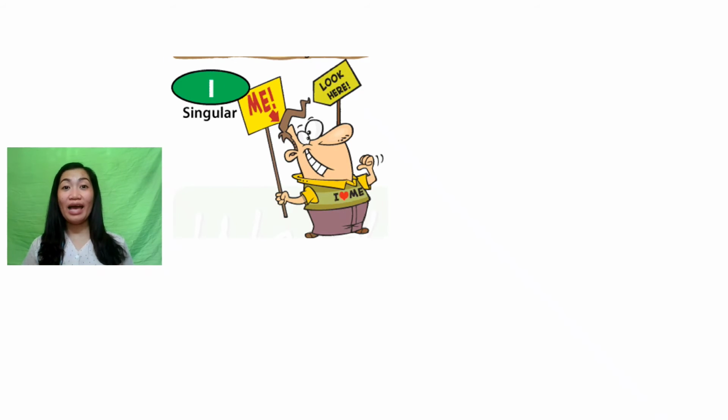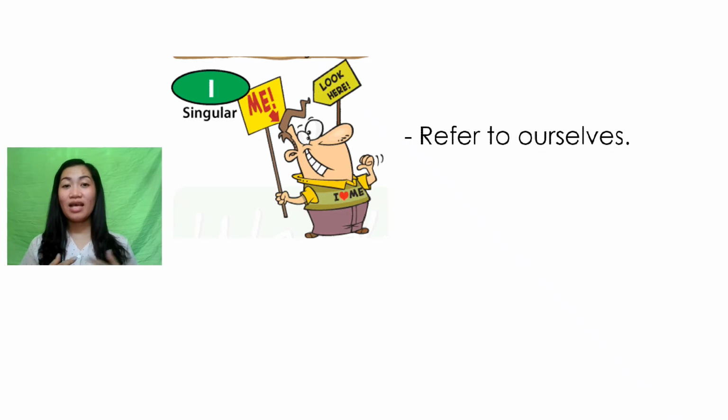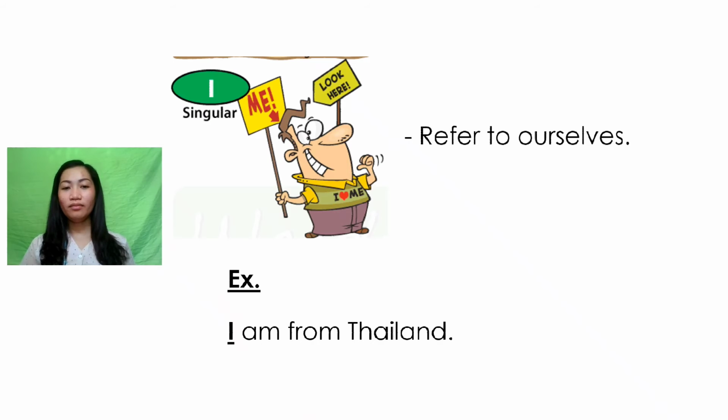Now, we will learn how to use these 5 subject pronouns in singular form. First, we have the I. How or when are we going to use the I? I refers to ourselves. Very good. Let's say an example. I am from Thailand.